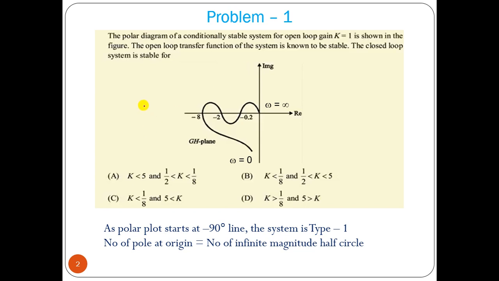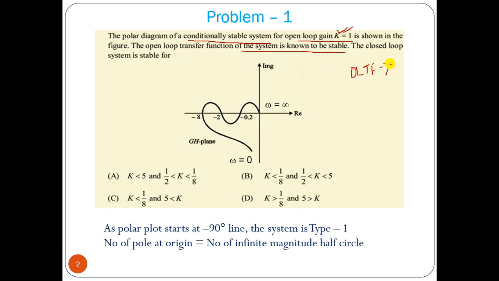What is said is that the polar diagram of a conditionally stable system for open loop gain k equal to 1 is shown in the figure. So this is the polar plot of a system which has gain value k equal to 1. The open loop transfer function of the system is known to be stable.